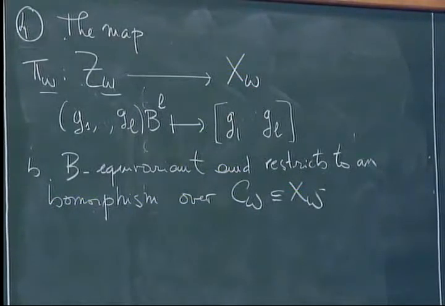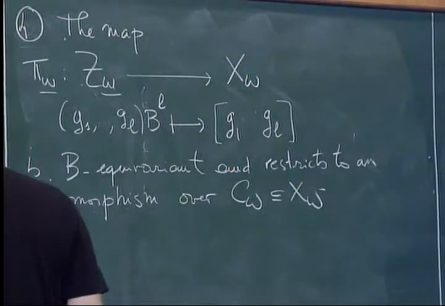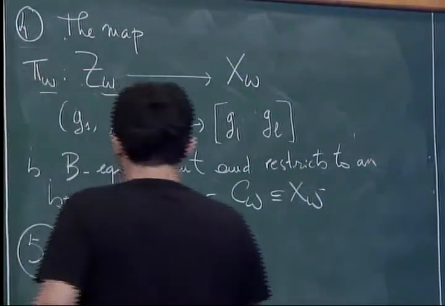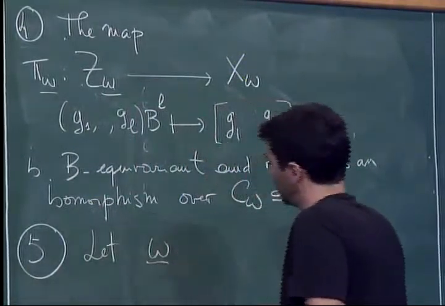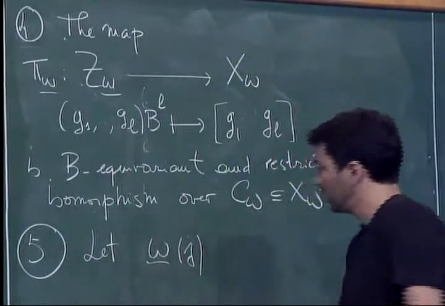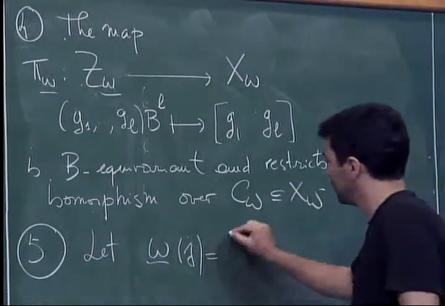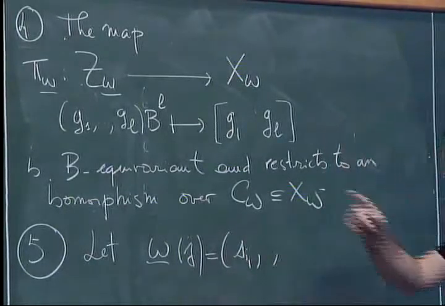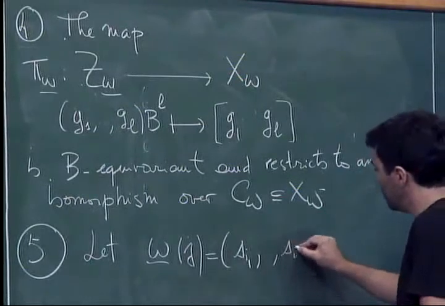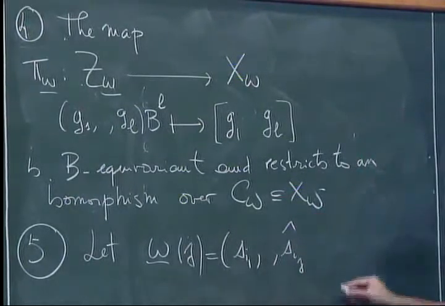And in fact, the picture is much nicer. So now you define omega of J. So this is exactly the same reduced decomposition, but you remove Sij from the decomposition.